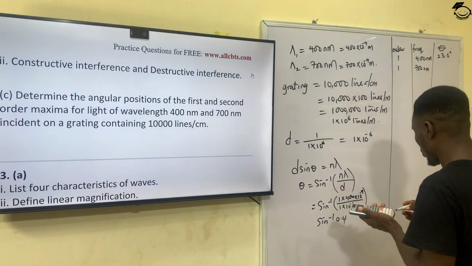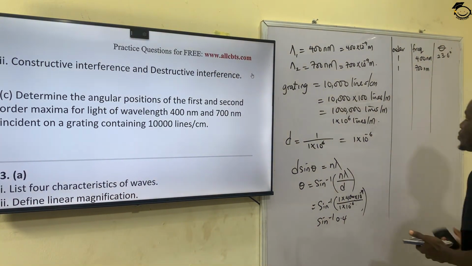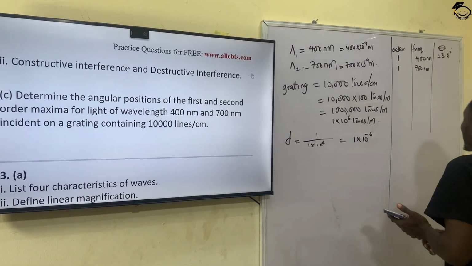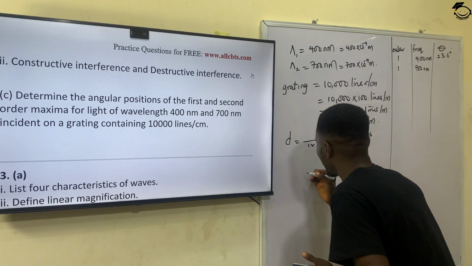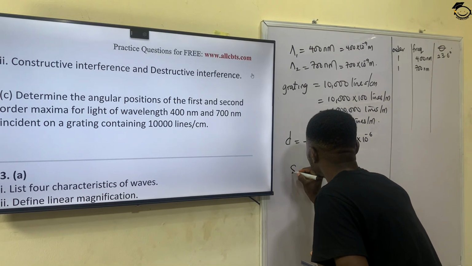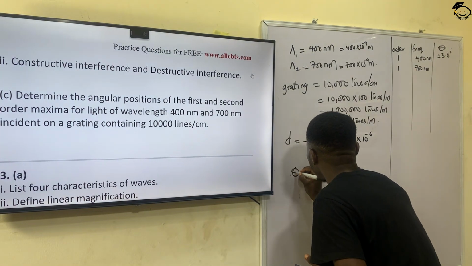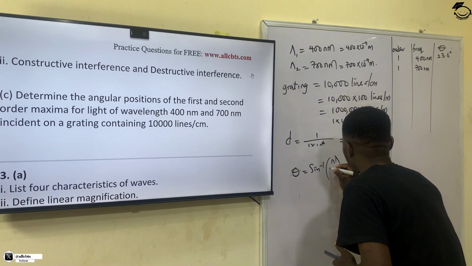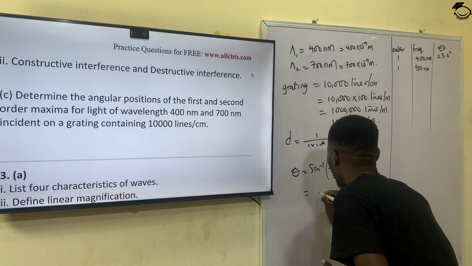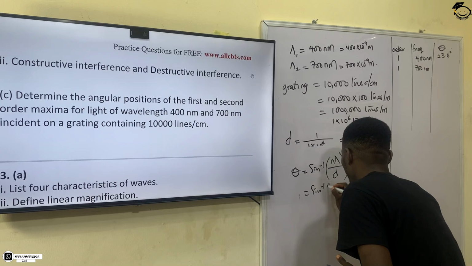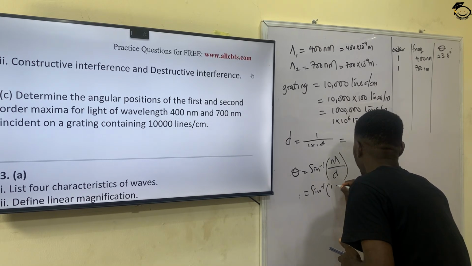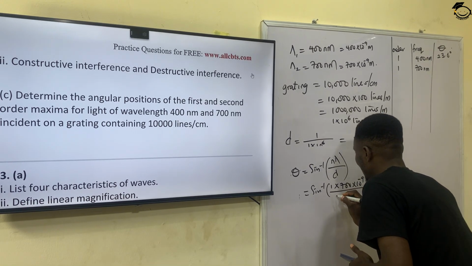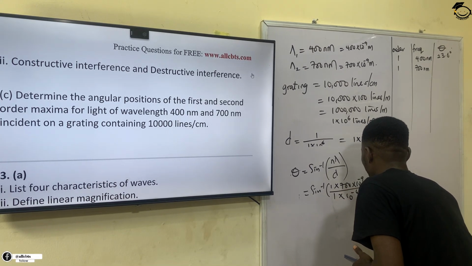So if we do it for our 700 nanometer, you realize that this calculation will give us a different value, because here, since we know that what we have is our theta equals sine inverse of n lambda over d. So this is the same as saying that I have sine inverse of 1 times 700 times 10 raised to power minus 9 divided by my d, which is 1 times 10 raised to power minus 6.